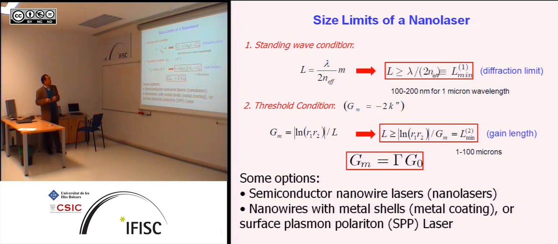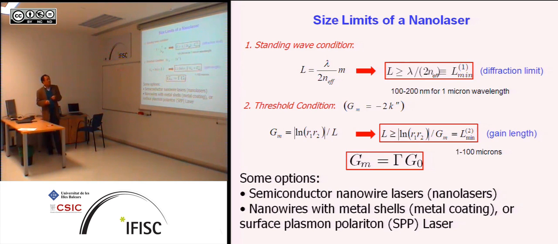But if you think about the threshold requirements, this is a typical threshold or modal threshold gain. You can slightly rewrite this one and put the length here. This quantity defines a second length requirement, what I call the gain length requirement. Depending on different materials, this length could be quite long, from a few microns to about 100 microns.